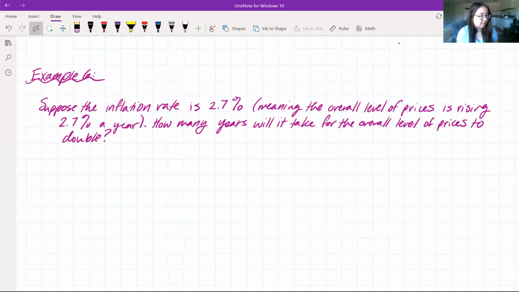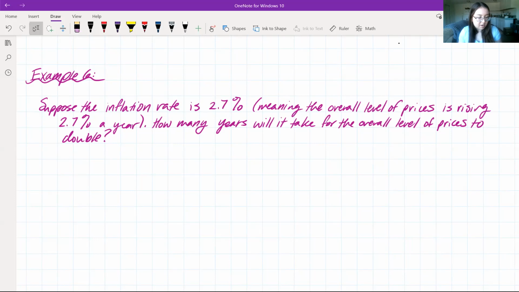All right, so now we can move on to our next example, example 6 here. We're going to suppose the inflation rate is 2.7%, meaning the overall level of prices is rising at 2.7% a year. How many years will it take for the overall level of prices to double?